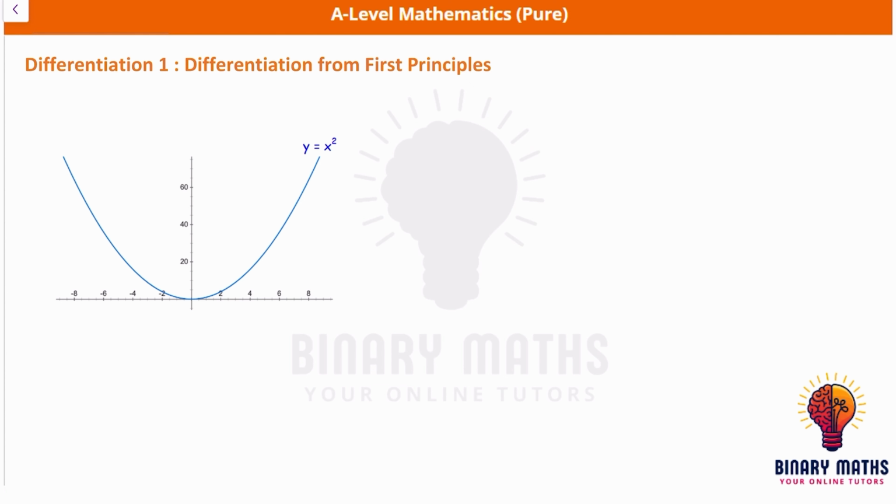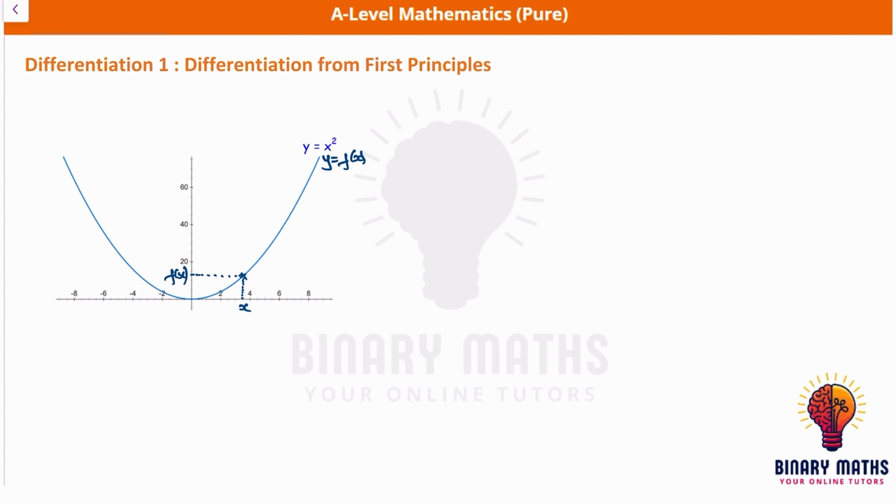So if y is equal to x squared, then y is a function in terms of x. And if I want to find the gradient of a tangent at a point x, then that x coordinate is obviously x, and the y coordinate will be f of x.